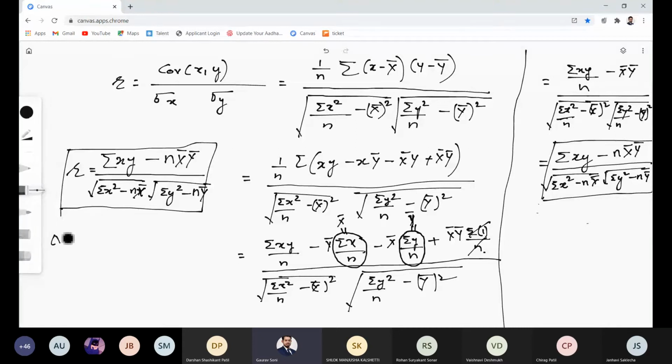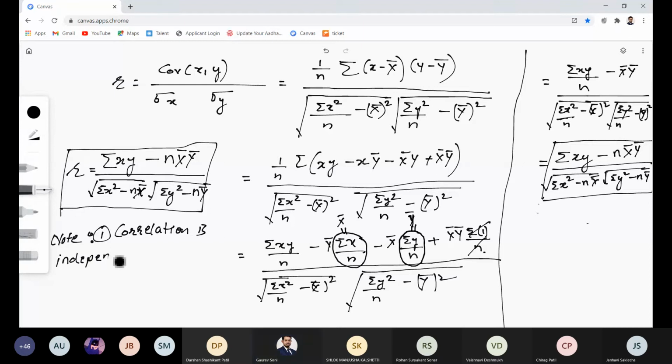A simple note here. First one, correlation is independent of change of origin and scale.